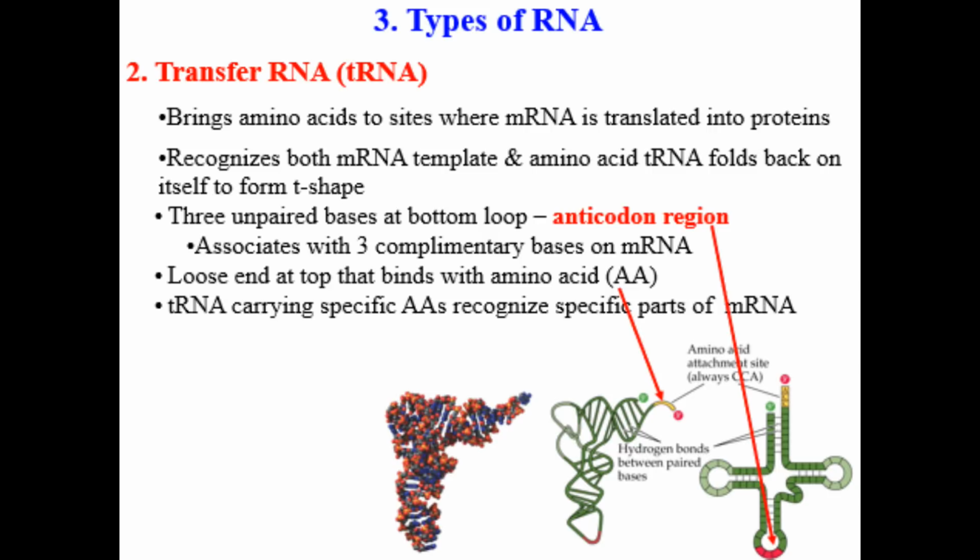Not just any amino acid, but one specific amino acid that's supposed to go in a certain location when this protein, which is a chain of amino acids, is being synthesized. So for instance, it's like making a train of amino acids where there's a long train, and each car of this train is an amino acid.